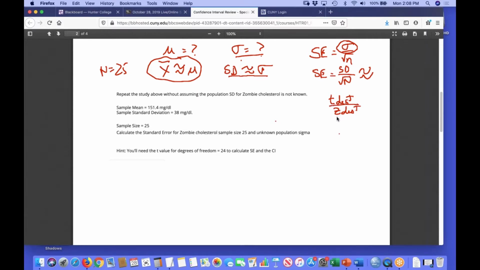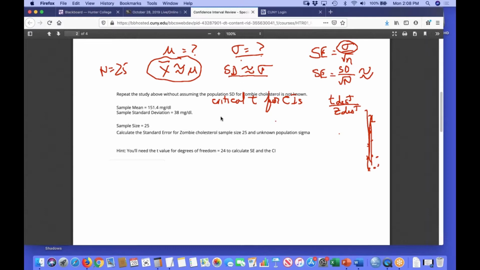There's a t table, just like there's a z table, for every sample size, whether the sample size is 2, 3, 5, 100, 200. There's a separate table. But in order to avoid having separate tables, we are only interested in the critical values of t that we need to know to calculate our confidence intervals.